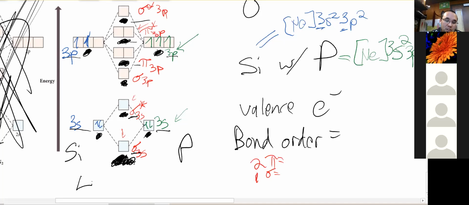So there's 4 just from the silicon. What about the ones from the phosphorus? So 9 total. So we're going to put in 9 electrons. So we can start from the bottom. So this becomes 1, 2, 3, 4, 5, 6, 7, 8, 9.